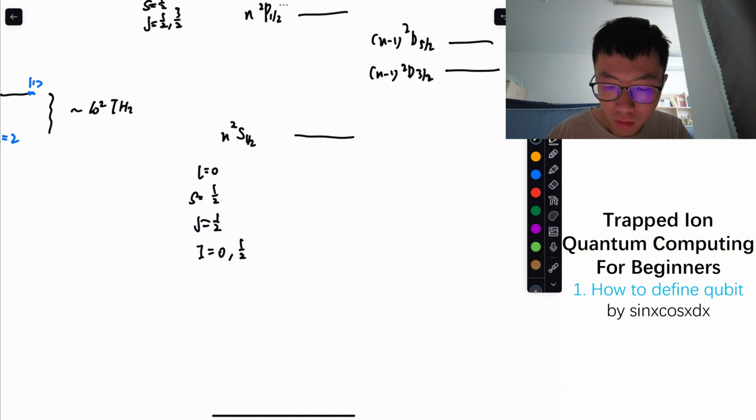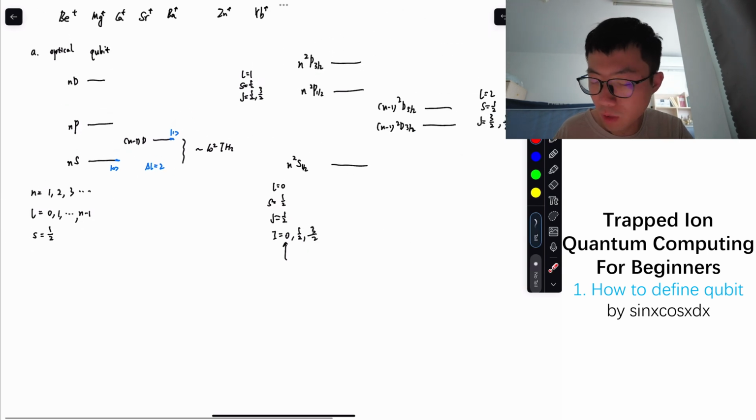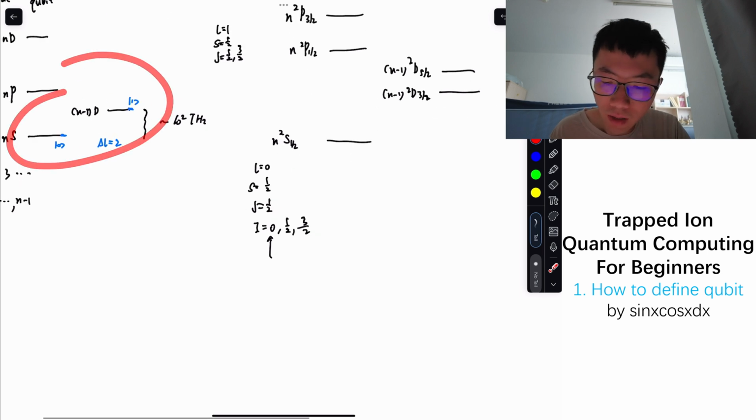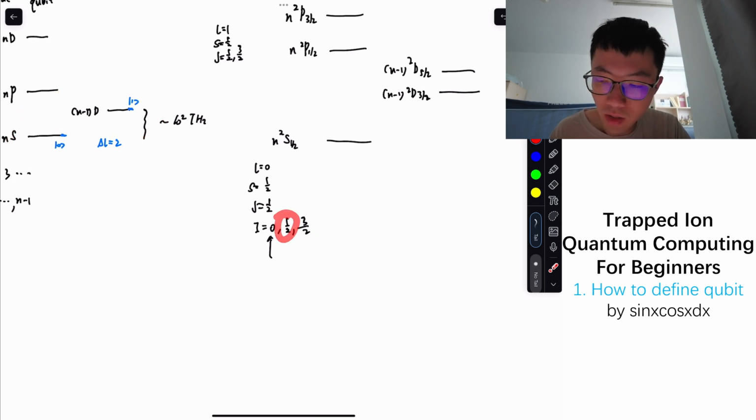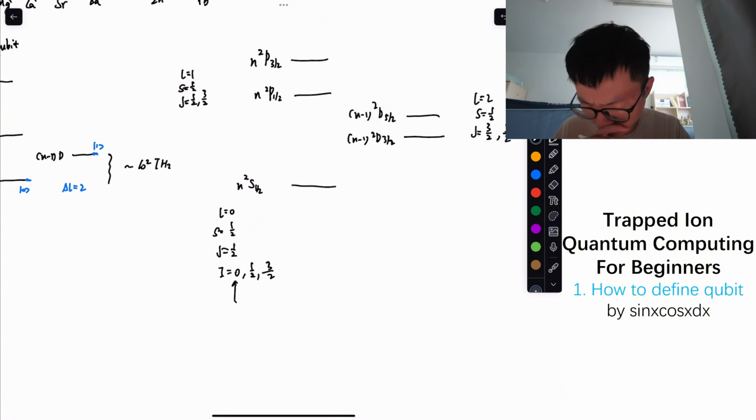It could be 0, 1/2, 3/2, etc. If I equals 0, then it has no IJ coupling, and we cannot define this kind of qubit. It only has optical qubit. But if I is not 0, it's positive, for example, 1/2, then we can have another kind of qubit.